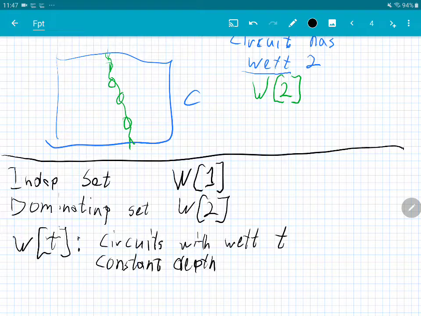So WT is all the circuits that have any inputs, they have constant depth, and they have weft T, right? On any path, there are at most T large gates, right?